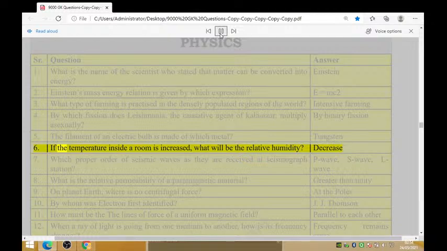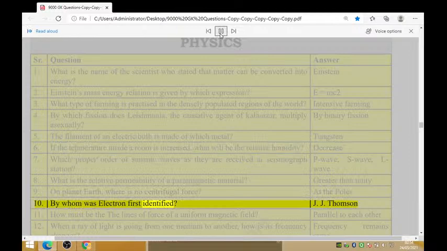On planet Earth, where is there no centrifugal force? At the poles. 10. By whom was the electron first identified? J. J. Thomson.